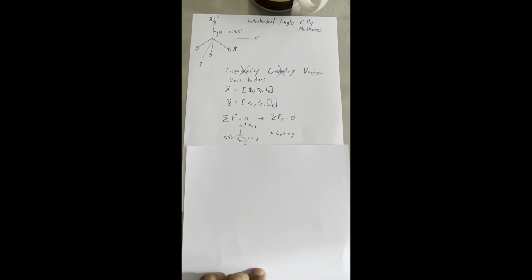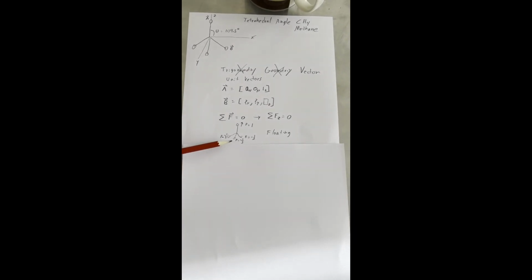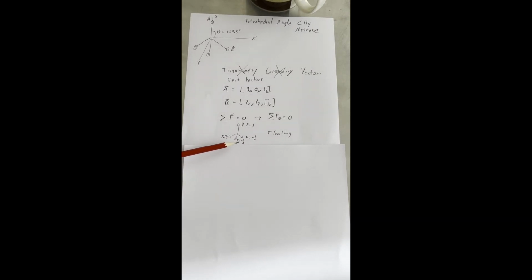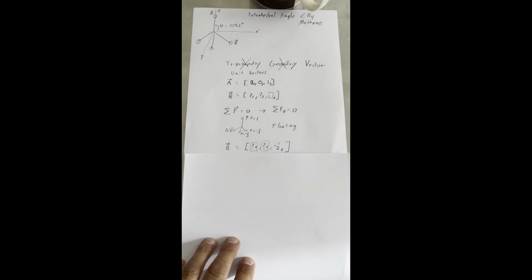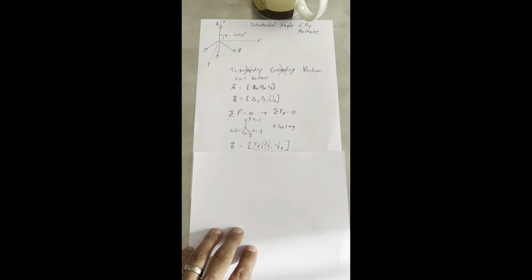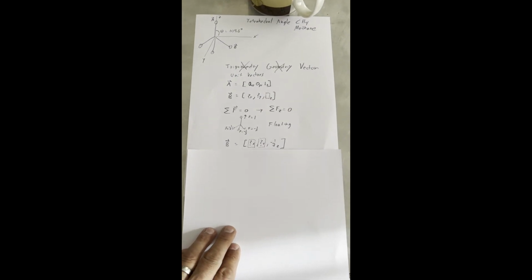If my A vector has a force of 1 in the positive z direction, so this thing doesn't accelerate or float away, each of the bottom ones needs exactly minus 1/3 in the z direction. So I can now rewrite my B vector as something complicated in the x, something complicated in y, and minus 1/3 in the z.